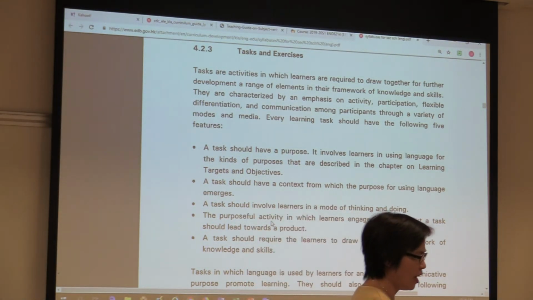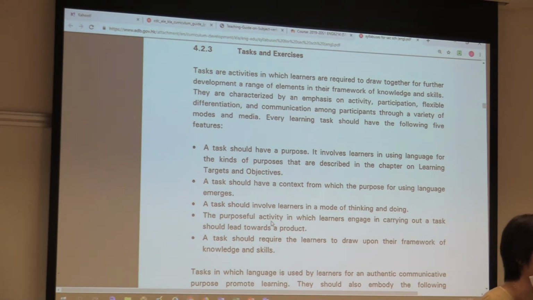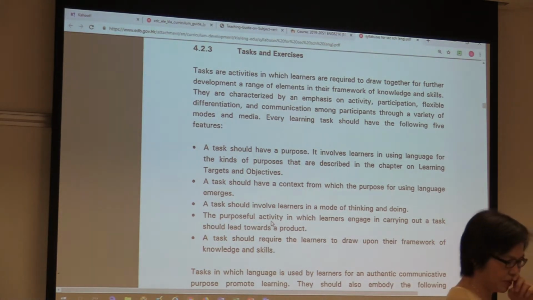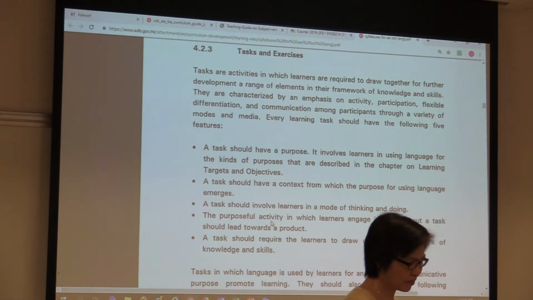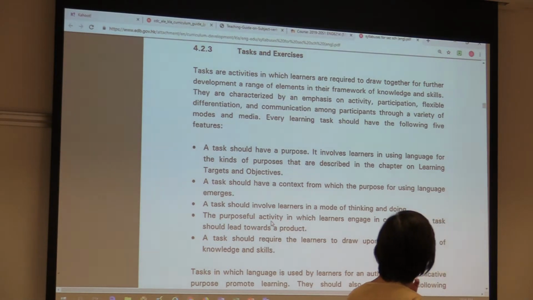So, how about this last exercise? Writing a rhyme. Strictly speaking, is this a task?